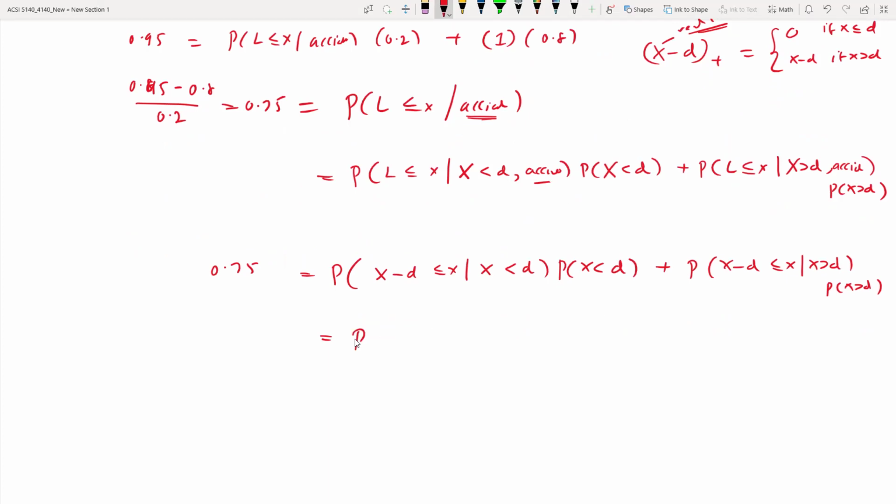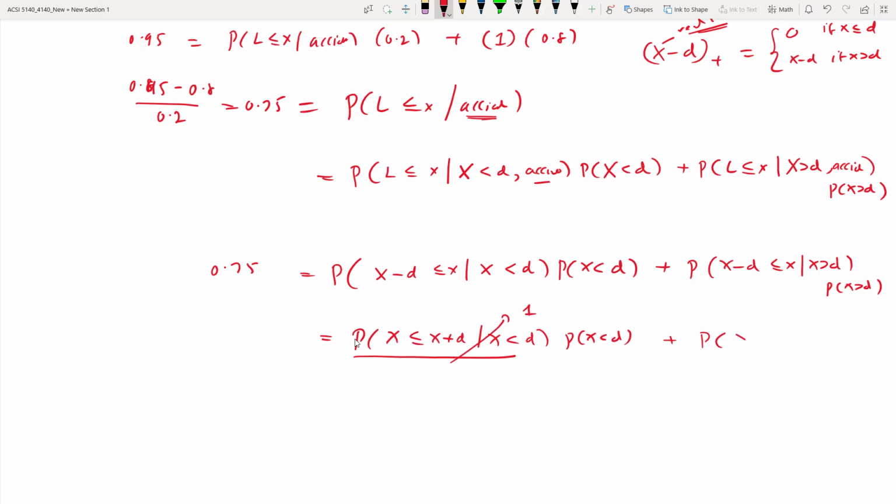So this would mean probability X less than or equal to x plus d, given X is less than d. If X is less than d, of course this is true, so that's going to be 1. So then we have that one only.